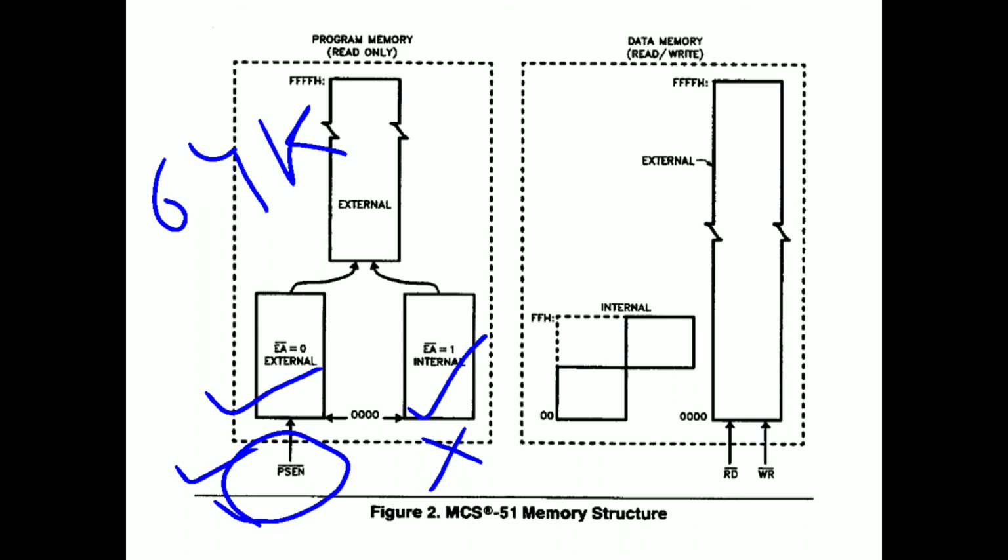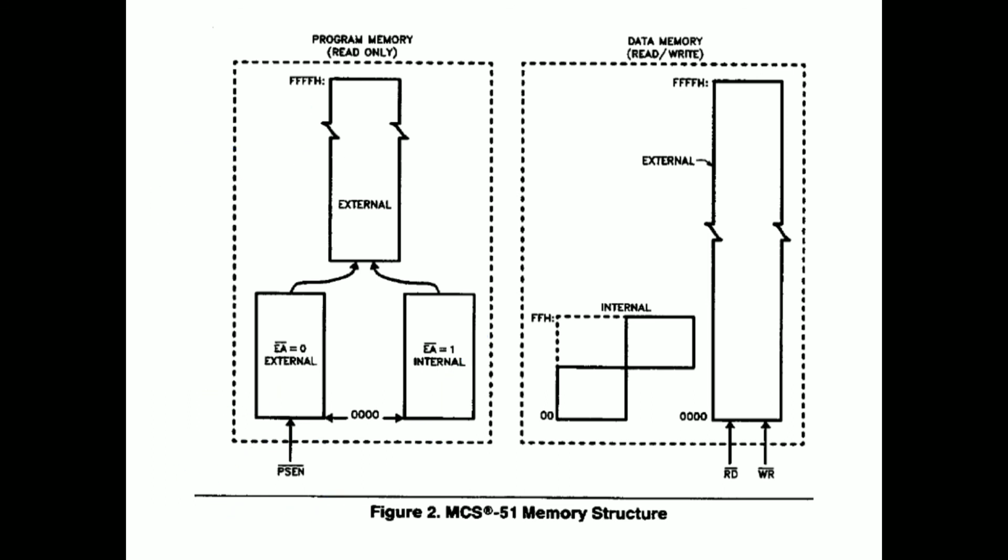If we are using internal memory, there is no need to connect PSEN bar. Similarly, if we want to connect external data memory, this is read and write memory, so we have to connect both the read bar and write bar signals.